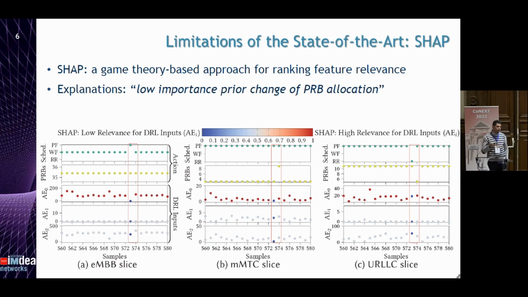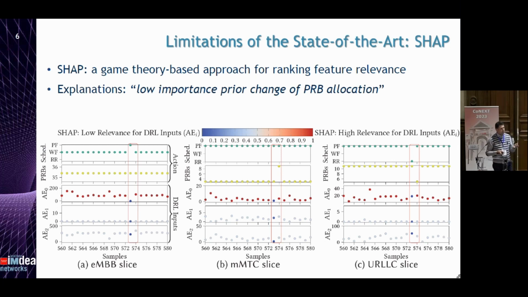We did several experiments, and it turned out that you can find some form of interpretation where the Shapley values give you relevance. Low relevance is denoted in blue, high relevance is denoted in red here. On the bottom of the plot, you see the values in output of the autoencoder that have been fed to the DRL agent.